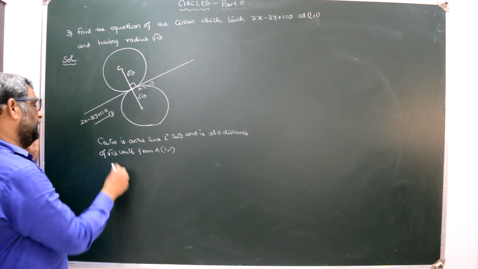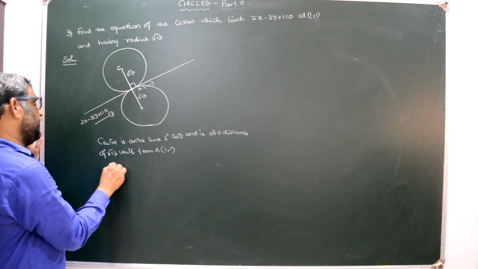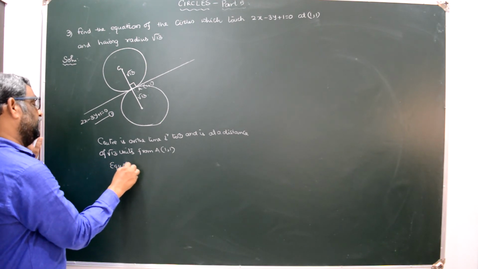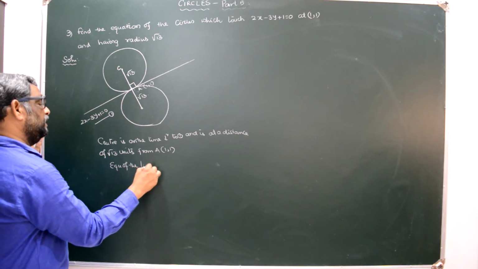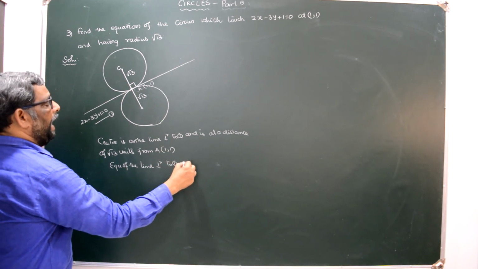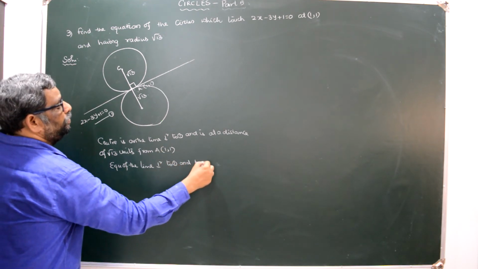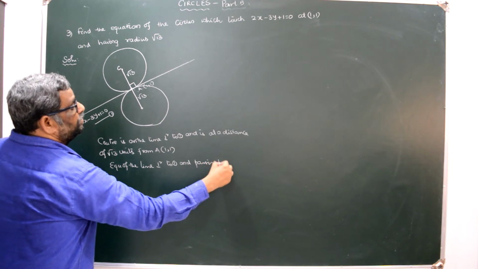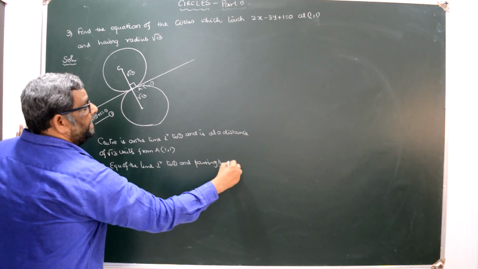Now, the equation of the line perpendicular to 1 and passing through A.